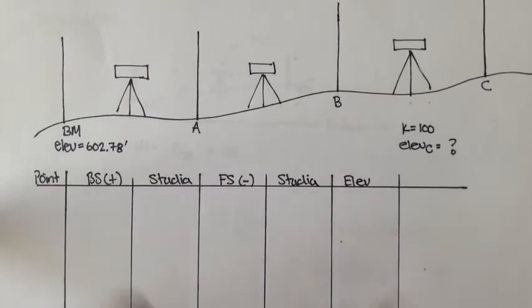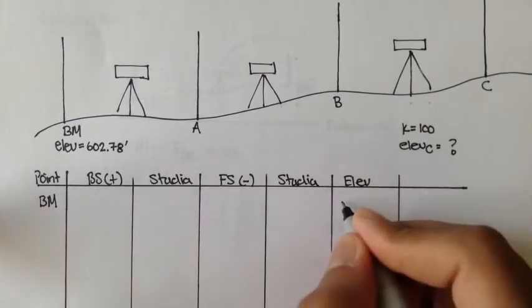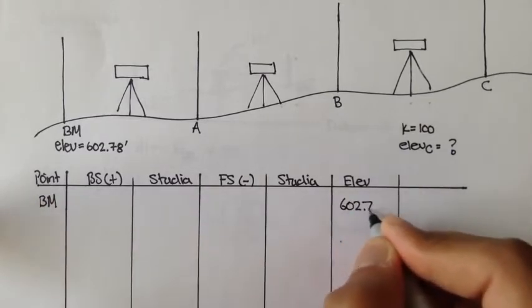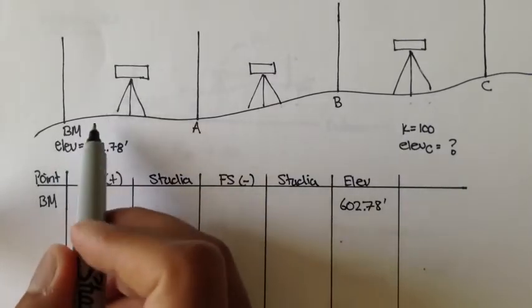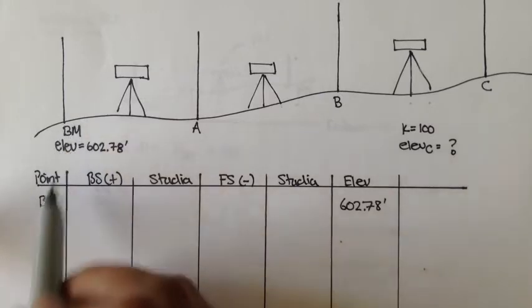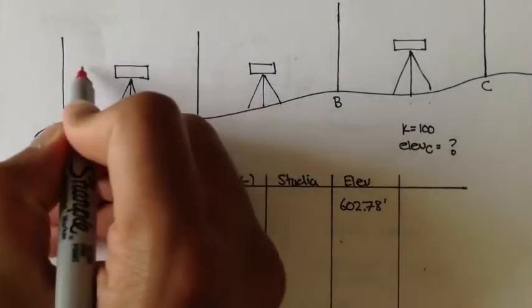So let's start here at A, or let me put down benchmark and say that its elevation is 602.78. Okay, so we take the backsight for the benchmark, BM, and we read. Remember, we're taking 3 readings, not 1.